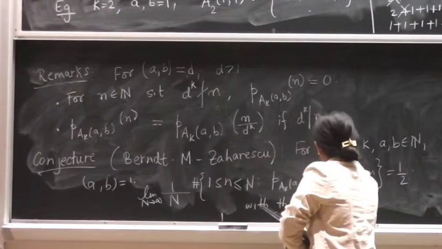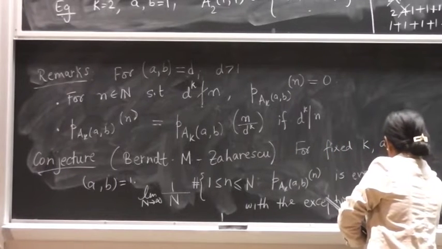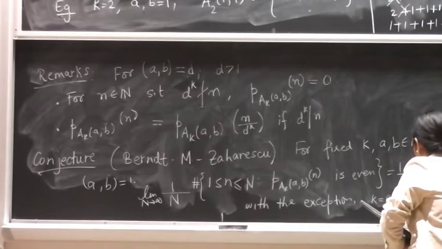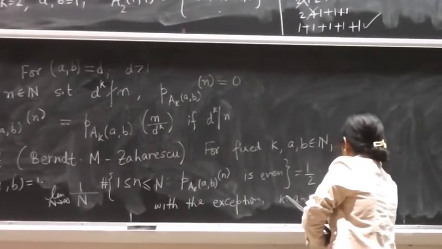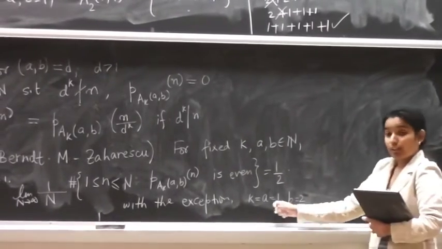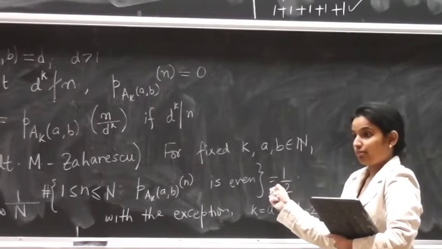The exception is when k is 1, a is also 1, so k equal to a equal to 1, and b is equal to 2. That means when you partition your set into odd positive integers, then this ratio is not 1/2.